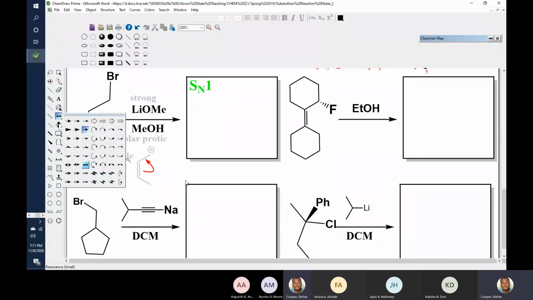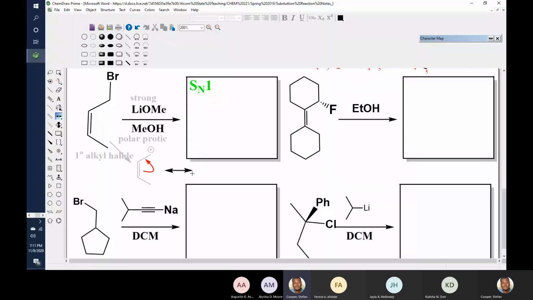So I'm going to get my resonance arrows here. I'm going to take this double bond. I didn't create enough room here. Is it secondary? Yep. Secondary is what we're going to form.